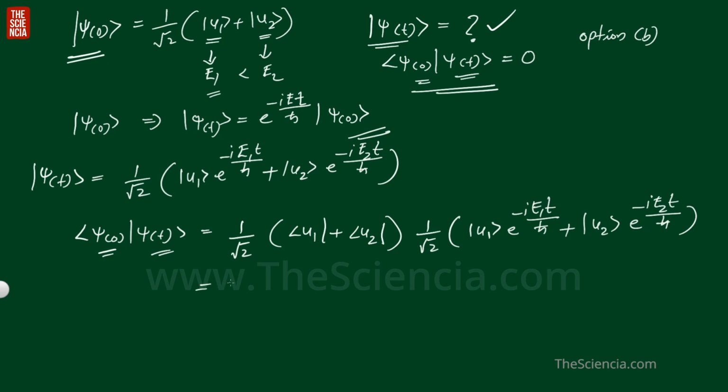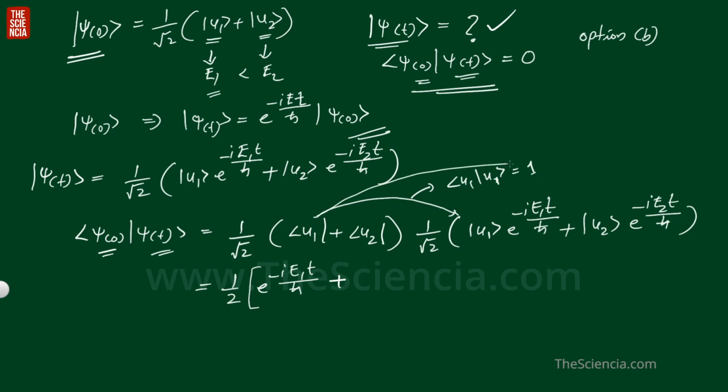So we get 1 by 2 into the product of these terms. We get e raised to minus i E1 t by h cross. Here u1 and u2 are normalized, therefore the scalar product of u1 with u1 will be equal to 1, so we get this term only. Plus, now we take the second term.